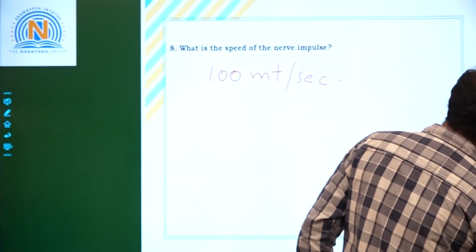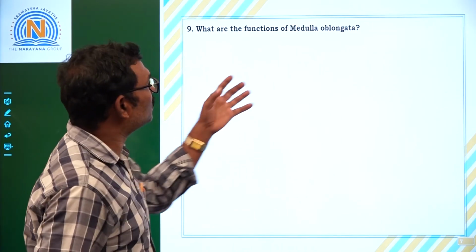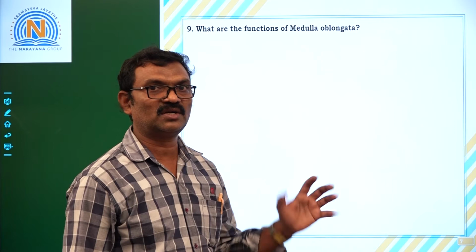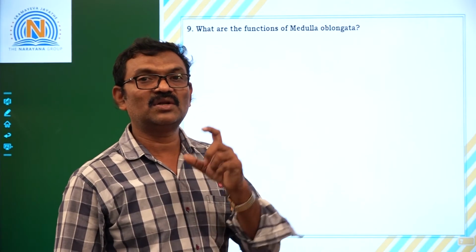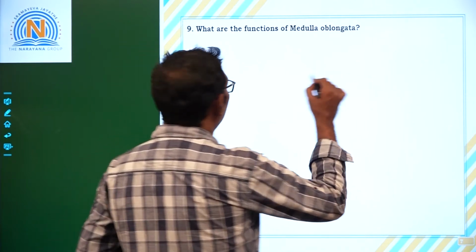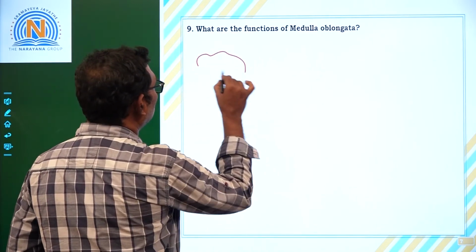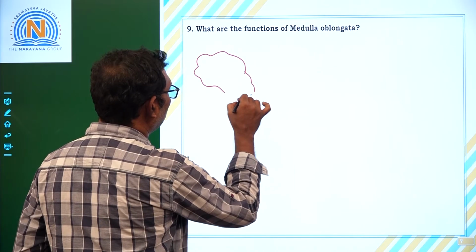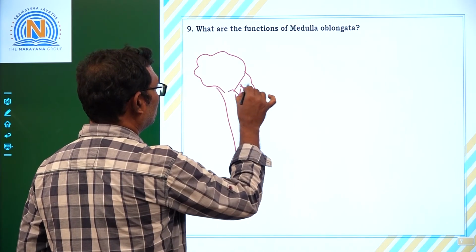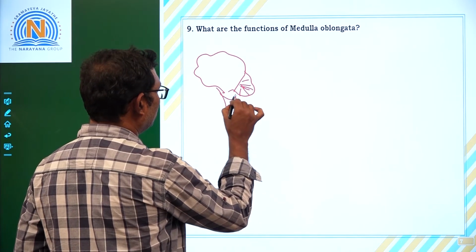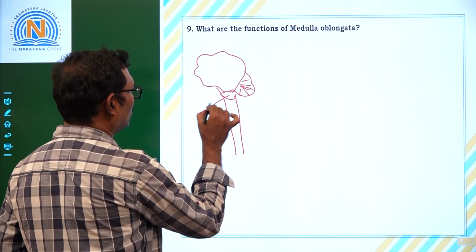Next question. What are the functions of medulla oblongata? Short answer questions. Medulla oblongata, that means where it is located. Actually I am trying to show you the location of the medulla oblongata. Now think that it is a small brain. Here it is, medulla oblongata.